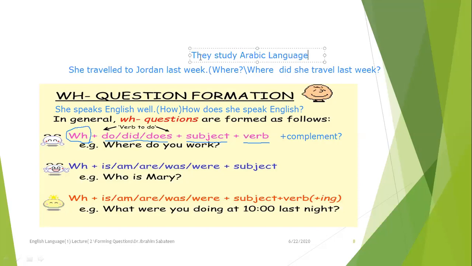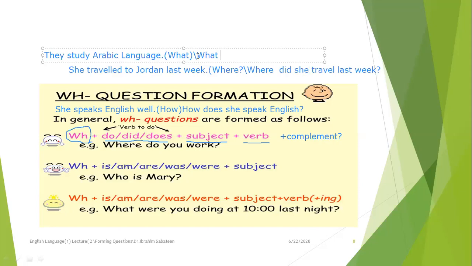I hear the sentence they study Arabic language وأعطاني between the brackets what. Okay. What I'm going to do now, I'm going to make a question. بدي أعمل question لإلها. حسب القاعدة you have to start with the WH word اللي هي عندي what.